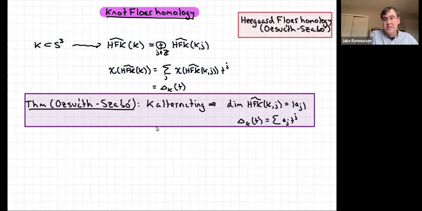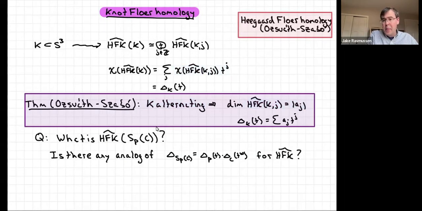And in honor of Lou, let me mention a theorem of Ozsváth and Szabó, proved using the Kauffman state model, that says that if K is alternating, then there's not too much more information in these groups than there was in the Alexander polynomial itself. The dimension of the group HFK hat of K, J is the minimum that it could be given this relation. You can say more than that, but let's just say it that way.